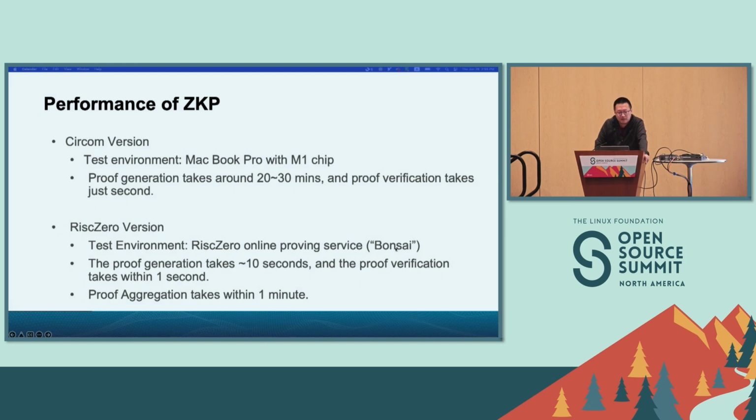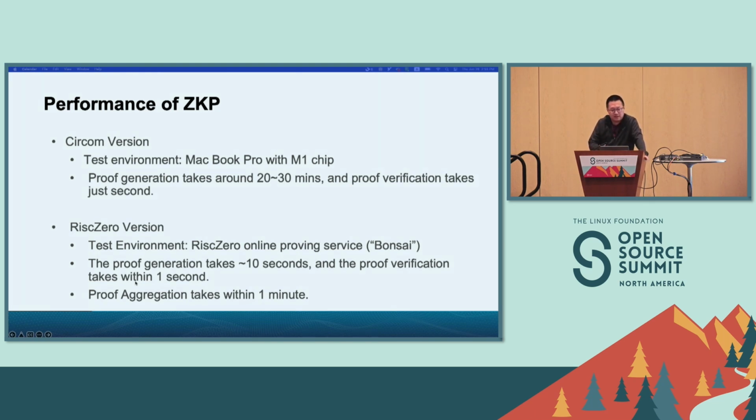They call it Bonsai. I think it's hosted by multiple machines with very good hardware. The proof generation takes around 10 seconds, and the proof verification also takes within 1 second. Proof aggregation will take within 1 minute. So this is the general benchmark we have right now.